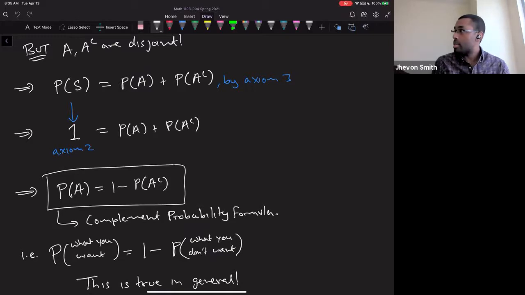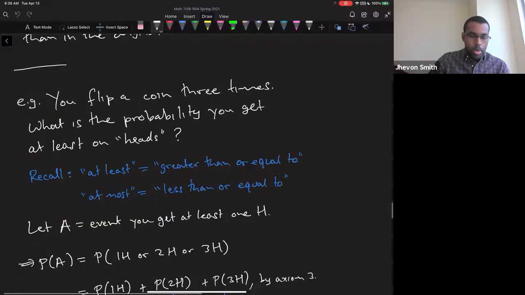It turns out that sometimes finding what you don't want is a lot easier than finding what you do want. And so you can actually find the probability of what you want in terms of the probability of what you don't want. So you just think of what is the opposite of what I'm trying to find. And sometimes that thing is actually easier to conceptualize, easier to count. So we had the complement probability.